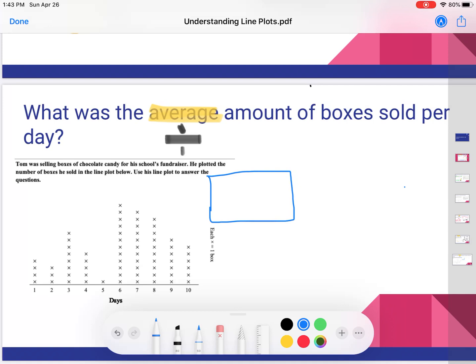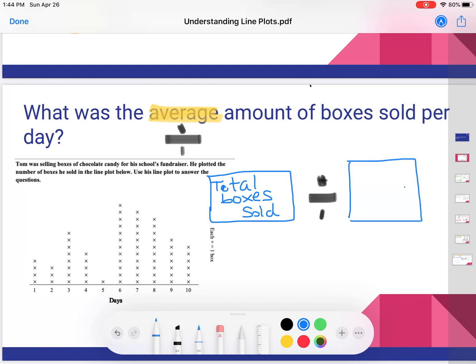The total amount of boxes sold divided by the number of days candy was sold.